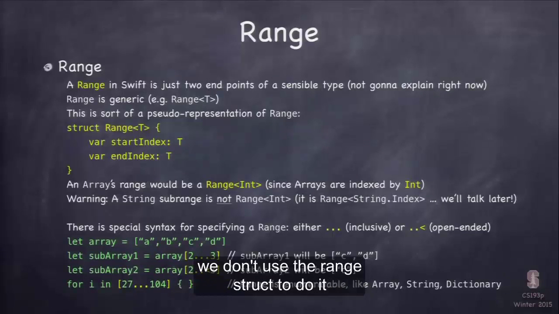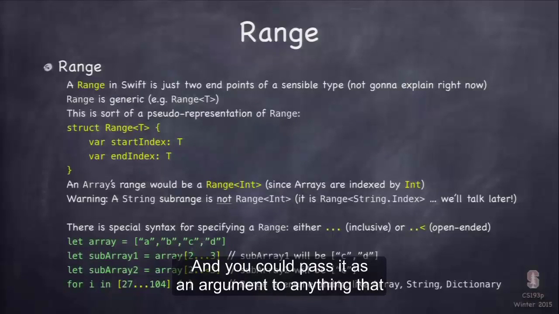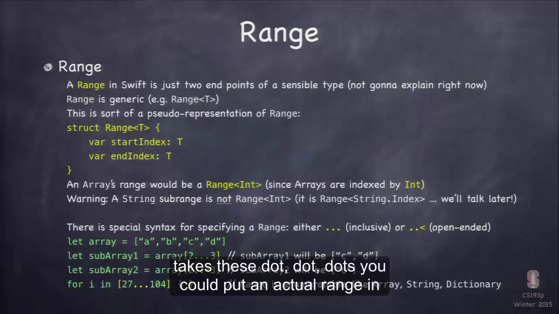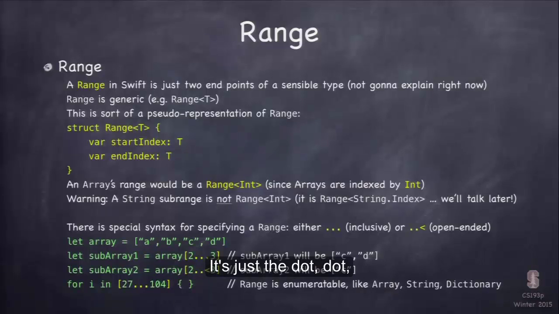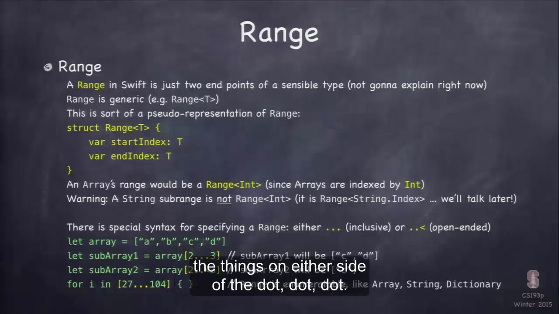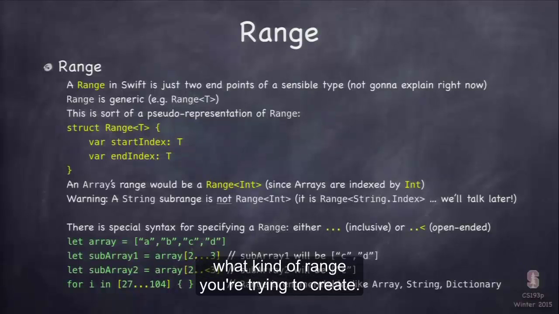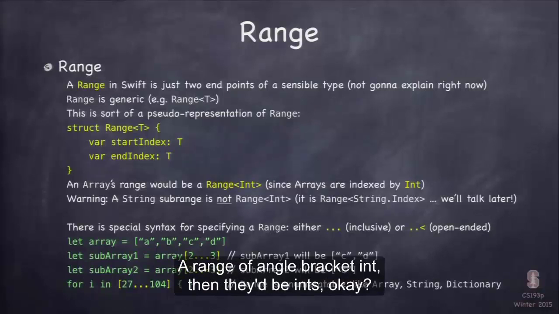99% of the time we don't use the range struct to do it, although you could create a range struct and pass it as an argument to anything that takes these dot dot dots. You could put an actual range in there as well. They're the same thing. The dot dot dots are just syntax to create that range for you. The things on either side of the dot dot dot depend on what kind of range you're creating. If you're creating an int range, range of int, then they'd be ints.